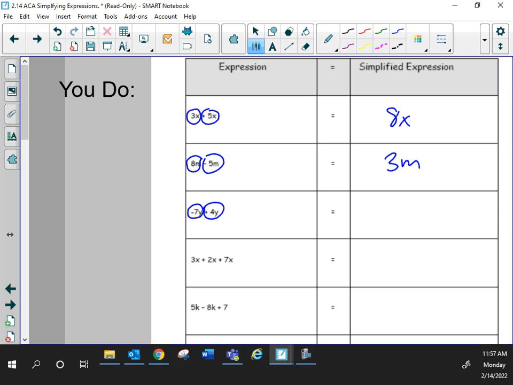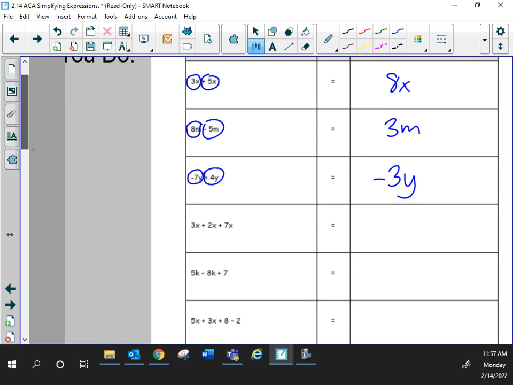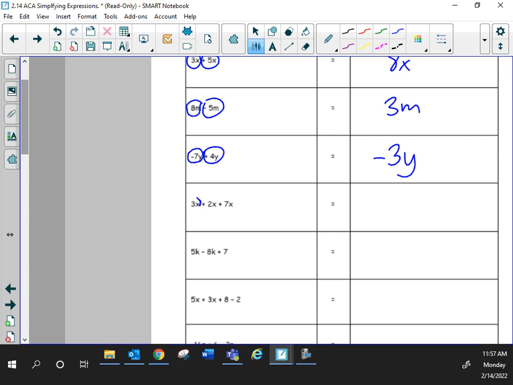Negative 7, positive 4. I have 4 more negatives. How many more negatives? 3y. Okay, circling with the sign in front. Do I have any zero pairs? No, it's all positive. So 3, 2, and 7 gives me 12x.